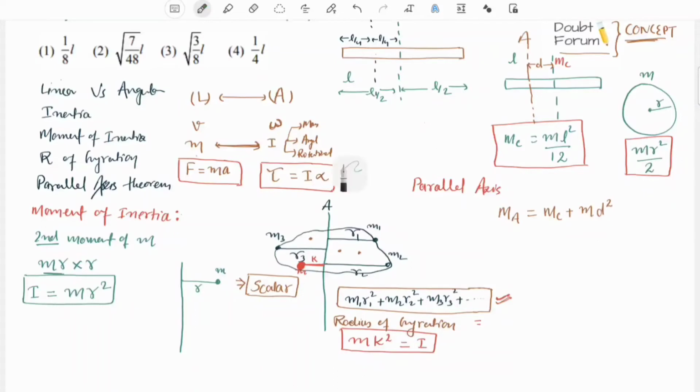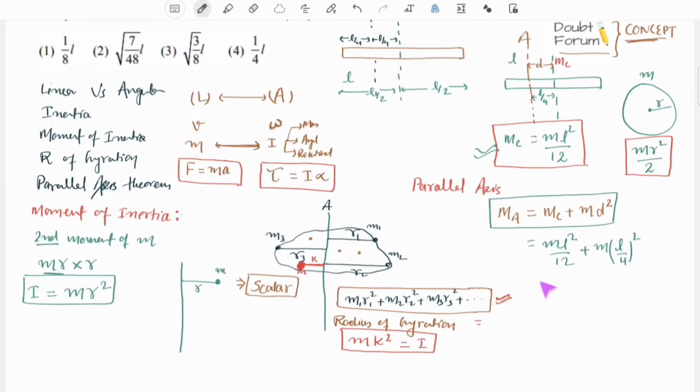So moment of inertia about the central axis for the cylindrical rod is ml square upon 12, and the distance term would be md square. In this case, we have to calculate the moment of inertia about an axis A which is L by 4 distance away from the central axis. So for d, we would simply place L by 4 and this becomes d square.